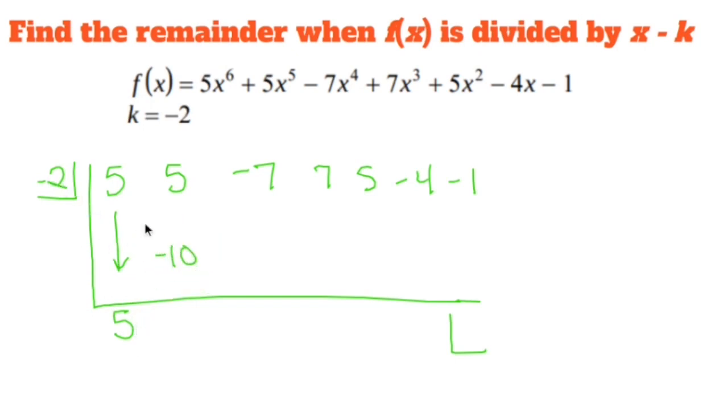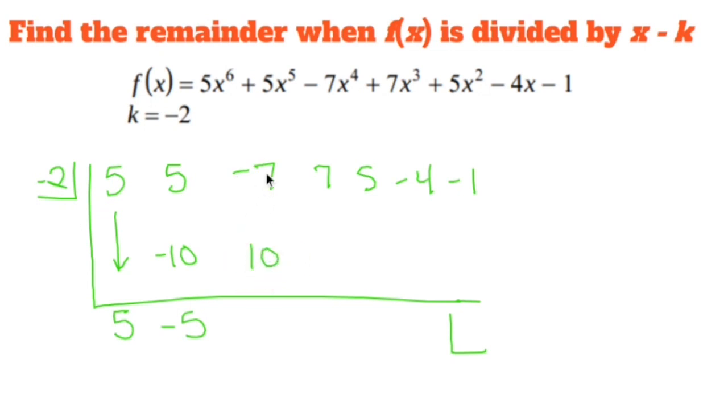Now multiply these two together and write it underneath the next coefficient. So 5 times -2 is -10. Write it under the 5 and then repeat. 5 plus -10 is -5. -5 times -2 is +10.